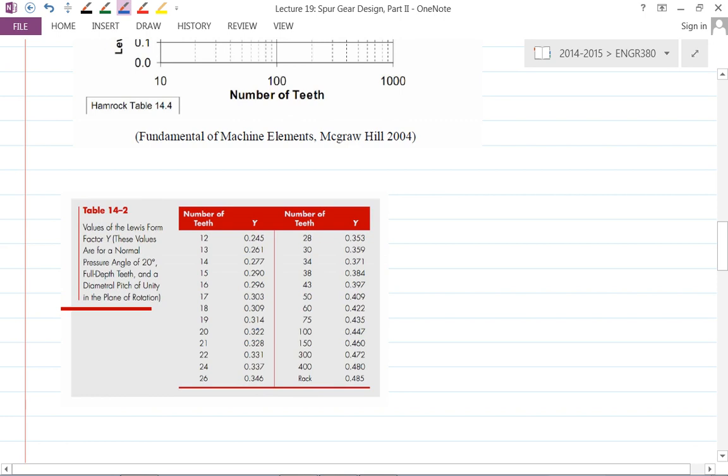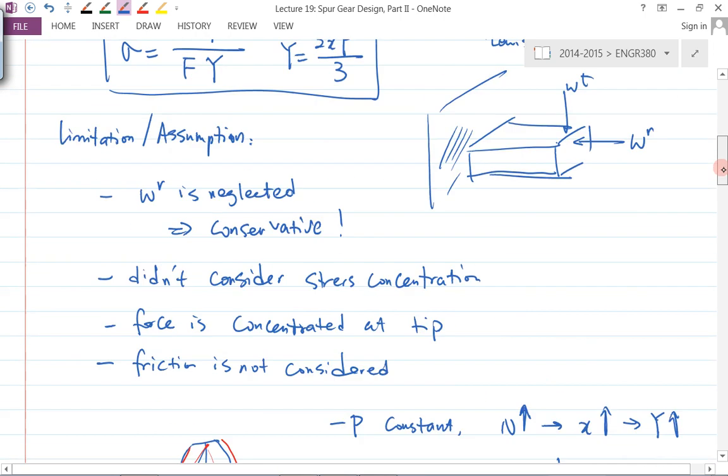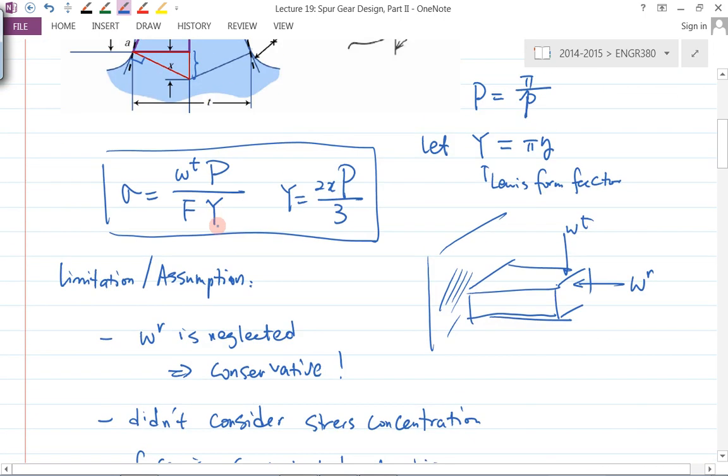Having said this, now let's consider a couple of things to modify this Lewis form factor, because this is not going to be the final form you will use for design. This is just the starting point.